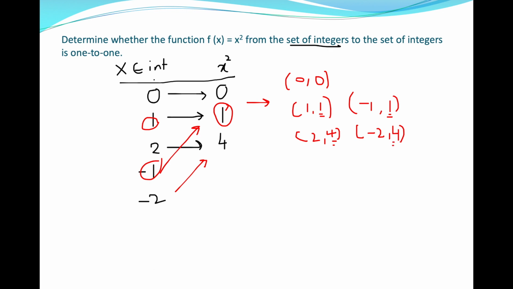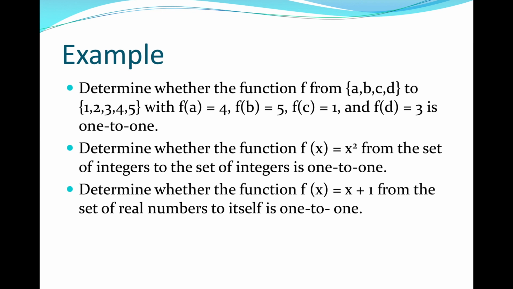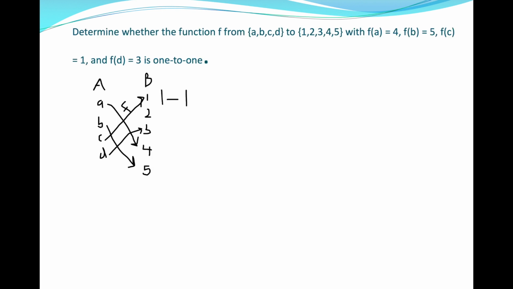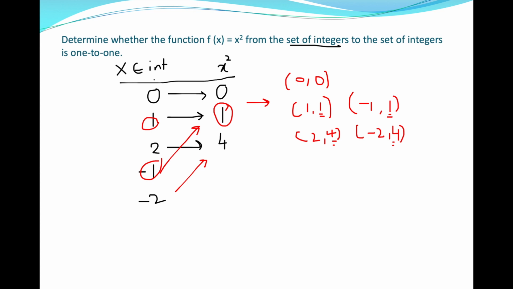Alright? Okay. So for the last examples, you may check. This is because we say that the set is the integers. What happens if we change these sets into a positive integer only?